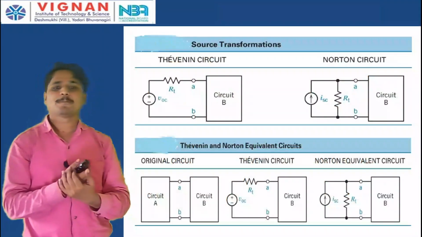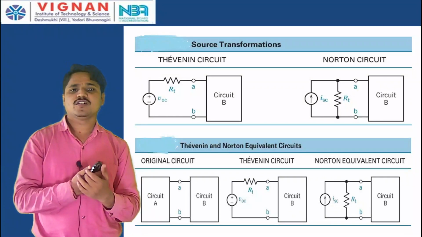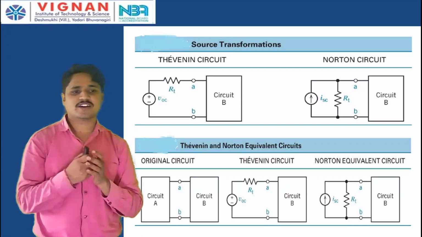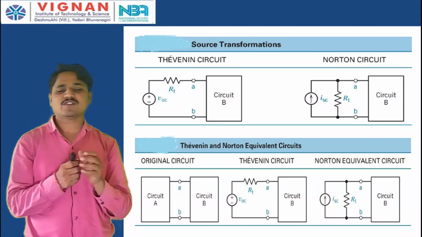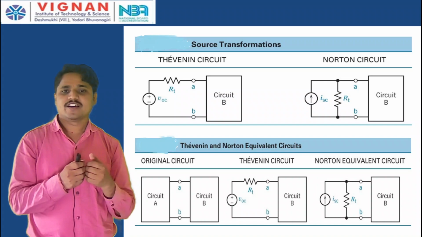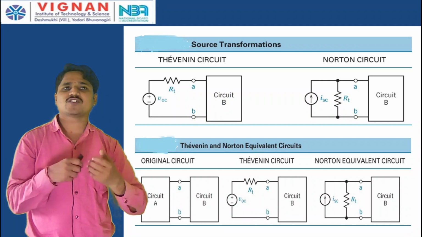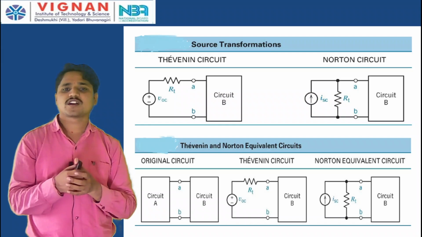So, this source transformation, we know this from the Thevenin circuit. What is the source transformation? Any network consisting of a source, let us say voltage to current source transformation.